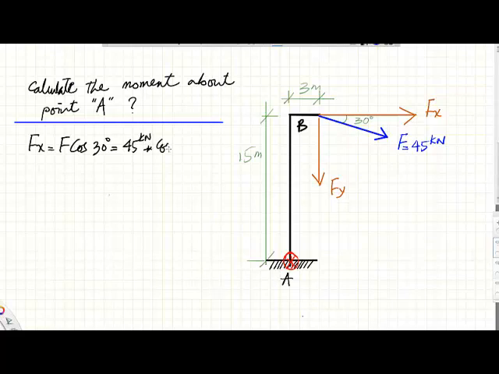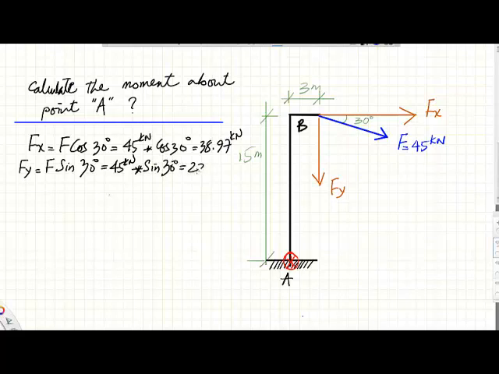and of course cosine 30 degrees, and the end result for this is equal to 38.97 kilonewton. And same thing goes for Fy, which is equal to F sine 30 degrees, and it is again 45 kilonewton multiplied by sine 30 degrees, and is equal to 22.5 kilonewton.